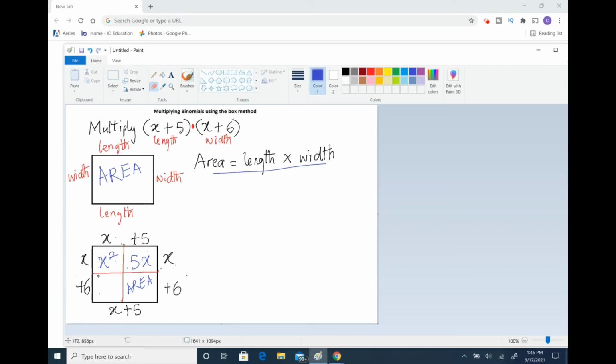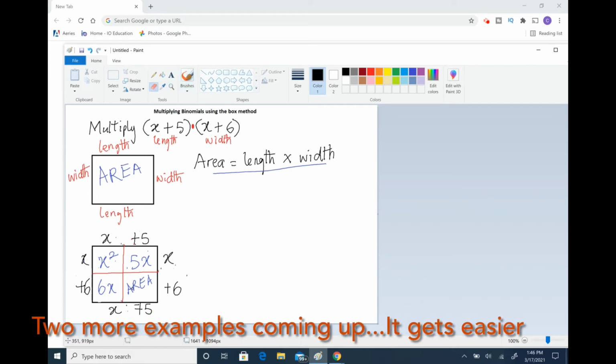The length is x, you can see it on the bottom here as well, and the width is 6. So 6 times x is 6x. I just realized that I didn't split this nicely like I wanted to, so let me put the plus 5 here a little separate.